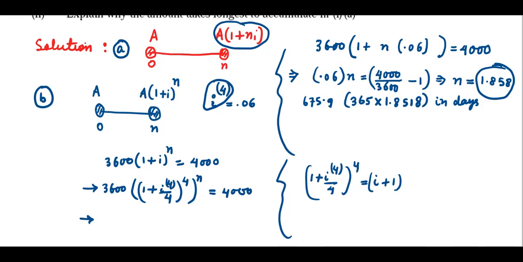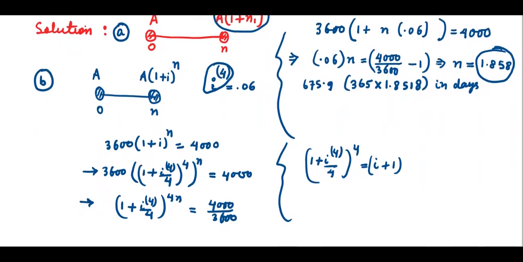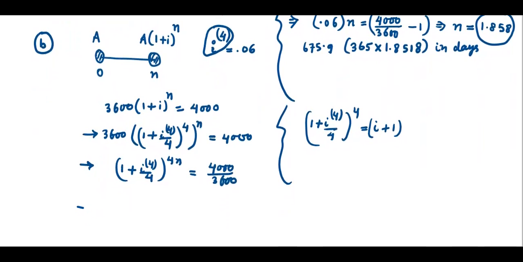Then this one will be 1 plus I4 over 4 power 4n, that will be equal to 4000 divided by 3600.